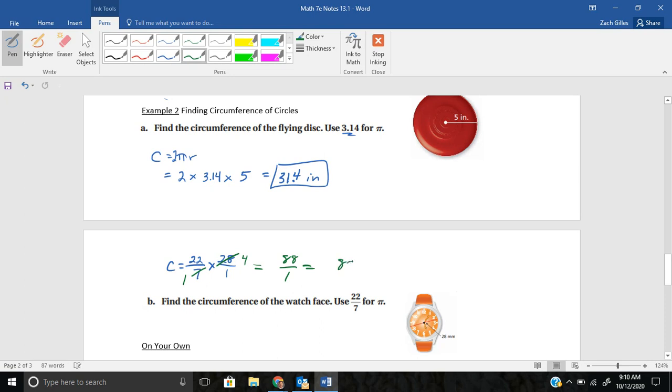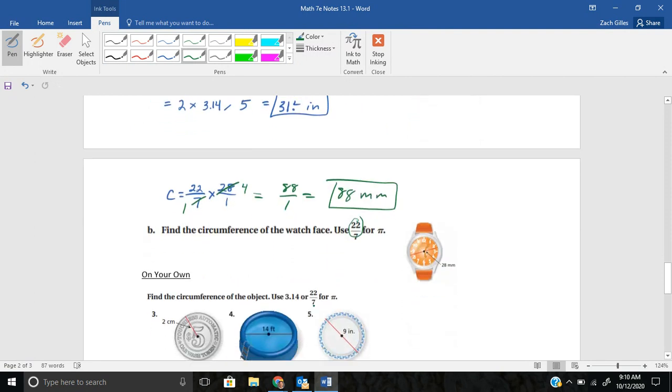That would give me 88 millimeters for my circumference of this watch face. And again, the reason we use 22/7 this time instead of 3.14 is because we were dealing with a number, 28, that was easily simplified right away, and it gave us a nice whole number.